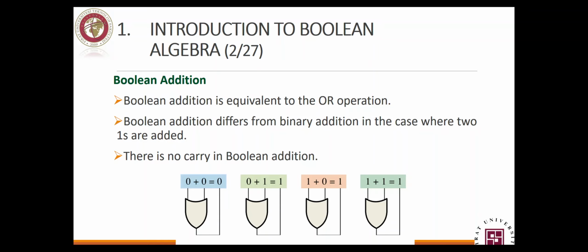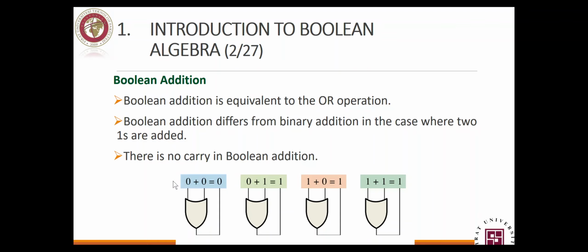The first one is the OR operation, which is very similar to normal addition in arithmetic. However, it is applied to logic, to either 0 or 1. We have four possibilities for only two variables, and they cover the rest.